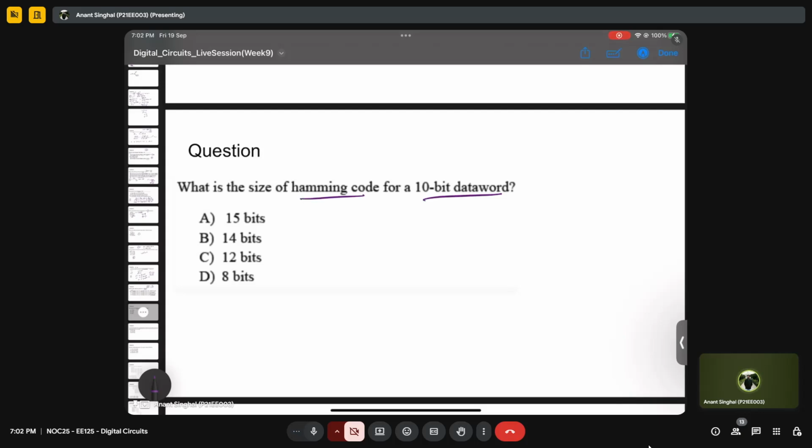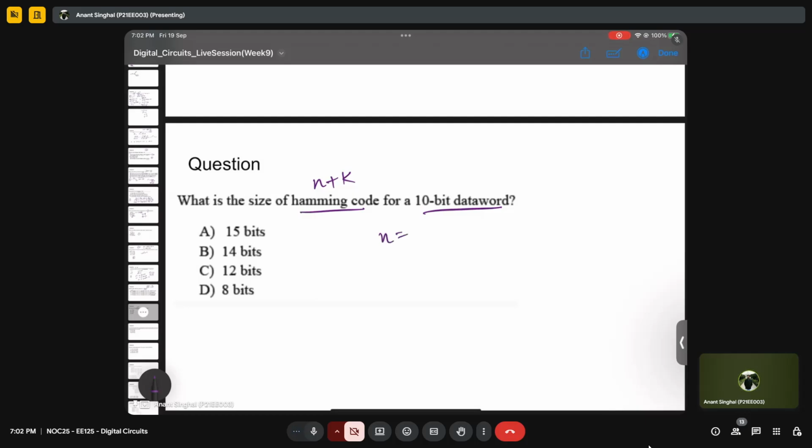The total size of the Hamming code is n plus k, where n is the number of data bits, the bits of the data word, and k is the number of code bits. The condition for the Hamming code is 2 raised to k minus 1 should always be greater than or equal to n plus k.